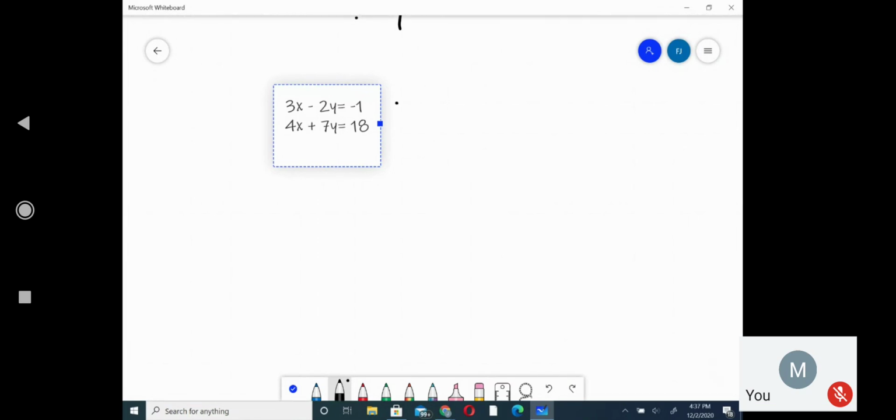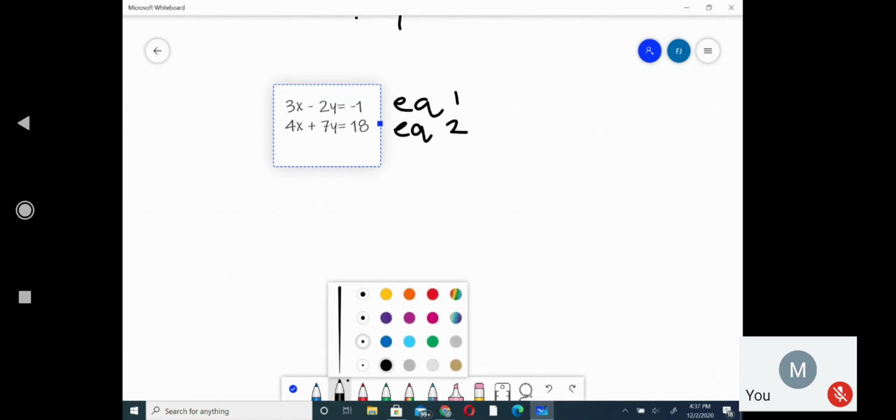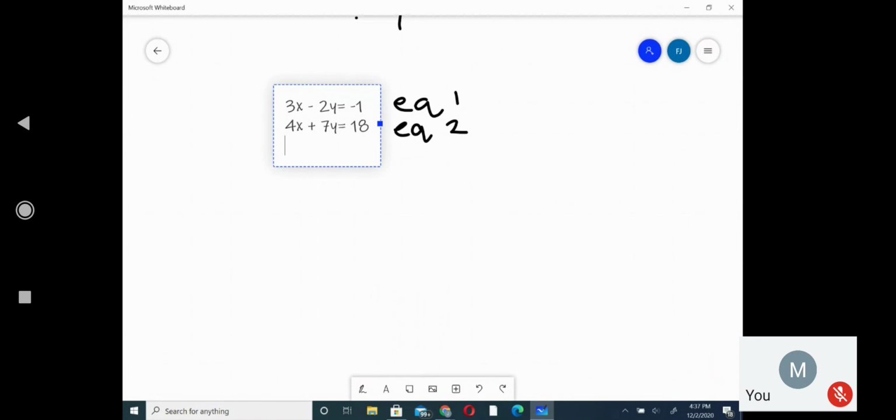So we label this one equation 1 and this one equation 2. And then what? So we choose an equation to work with first. Which equation do you want to choose?